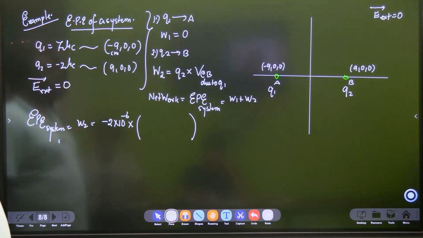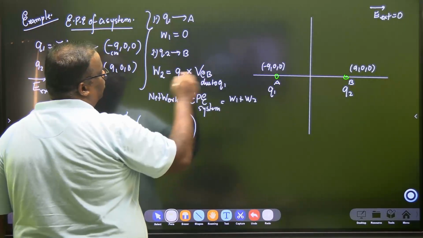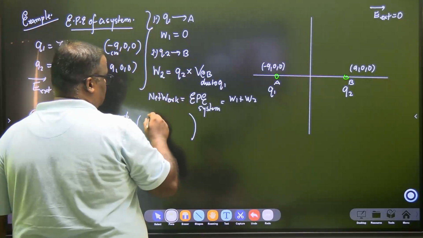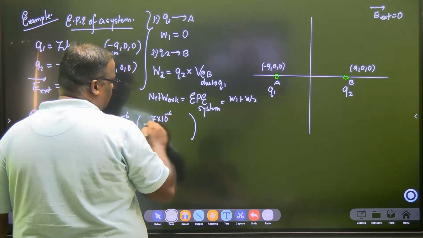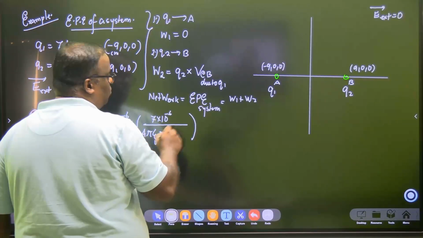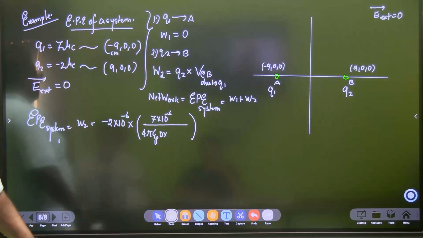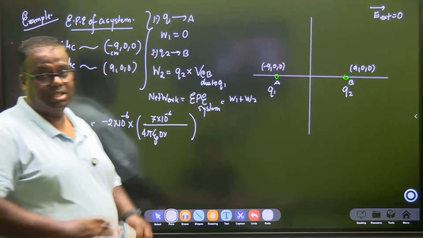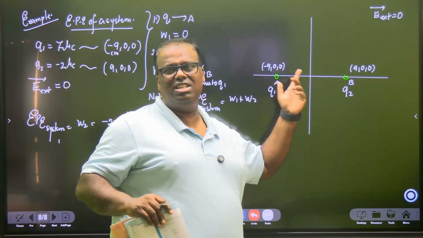What is the potential due to this charge? The potential due to this charge is 7 into 10 to the power minus 6 coulomb divided by 4 pi epsilon 0 into the distance between the two. No, what is the distance? 2? How can the distance be 2 here?